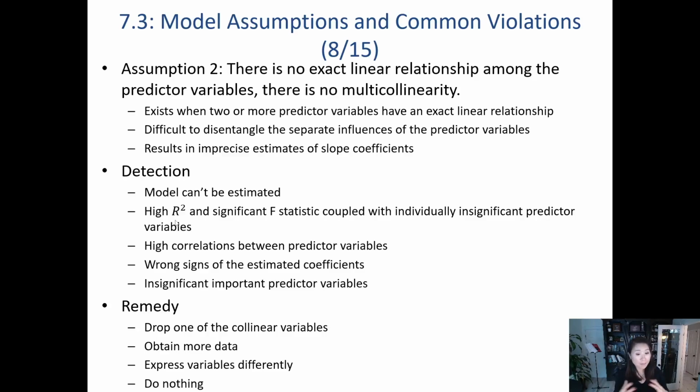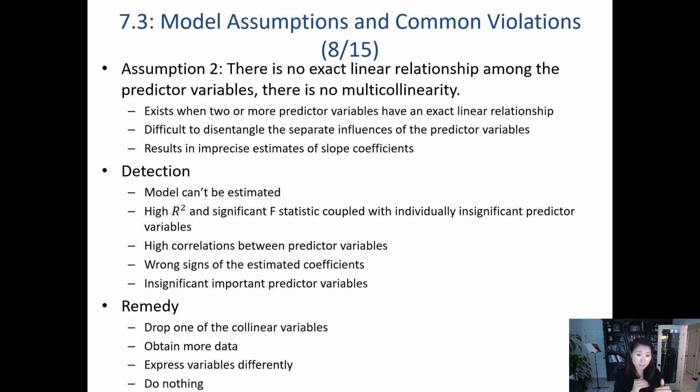After you estimate your regression model the normal way, check your R square and your significance F. The sign is a high R square and a highly significant F test with individual insignificant predictors. So basically, your R square is very high, larger than 50%, and your F test is very significant.